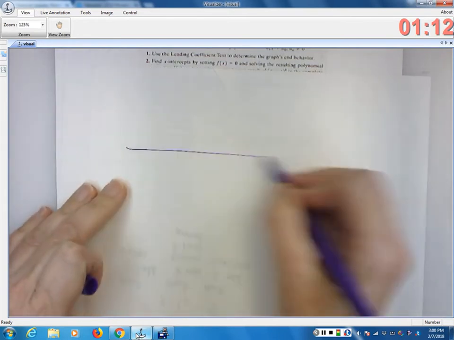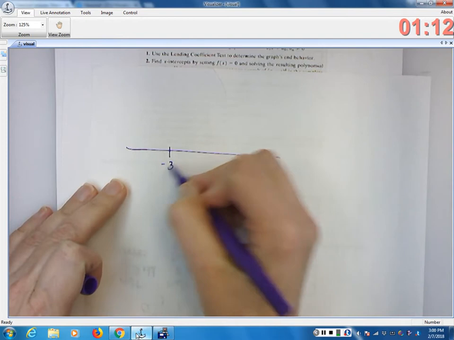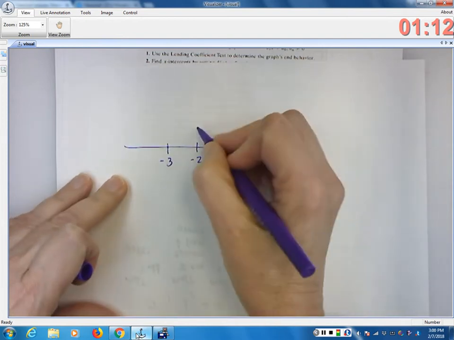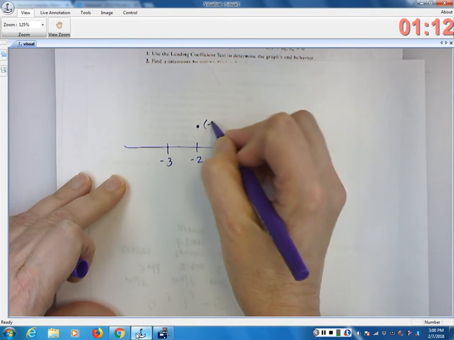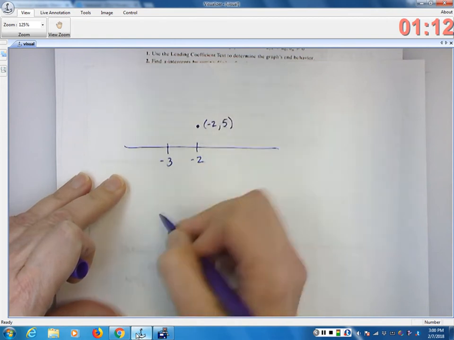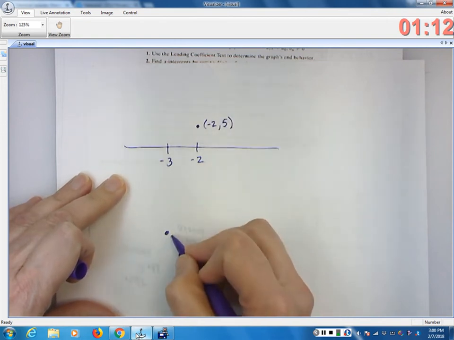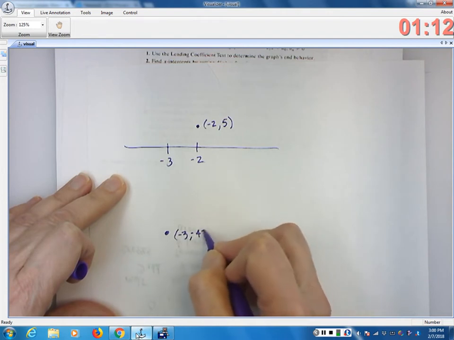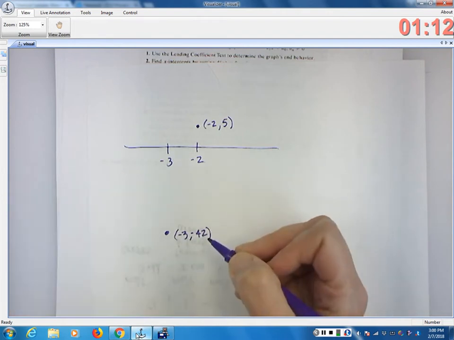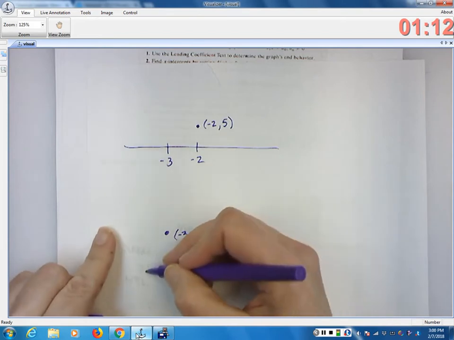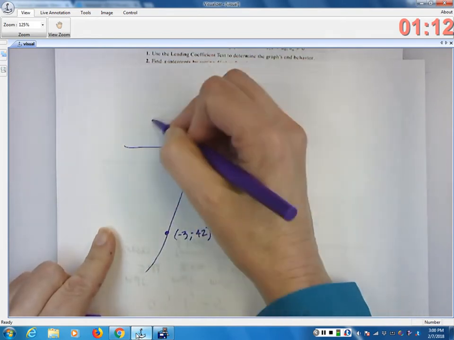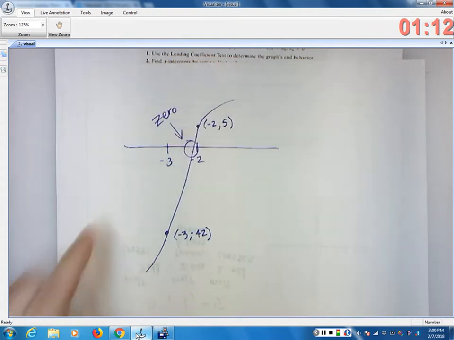If you've got a function that's up at -2, 5 here, and down here at -3 it's -40 something, I don't know what it was, 42, it means there must be a 0. It's kind of common sense, maybe.